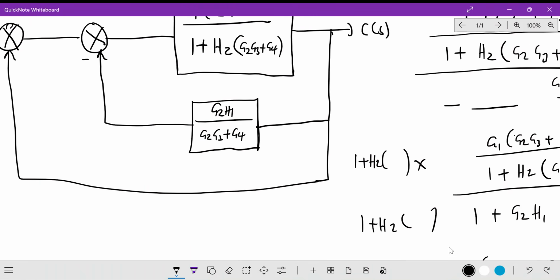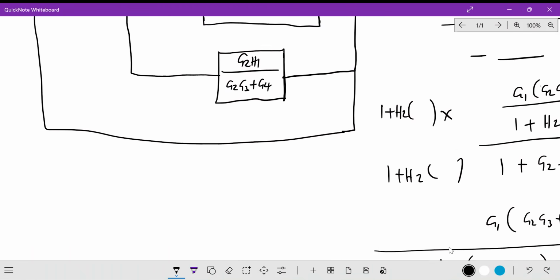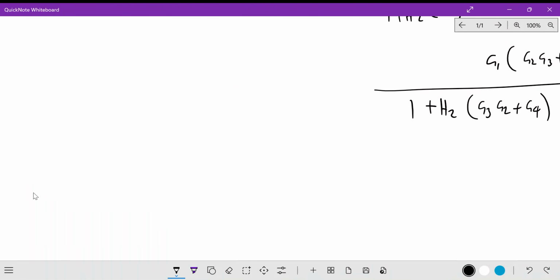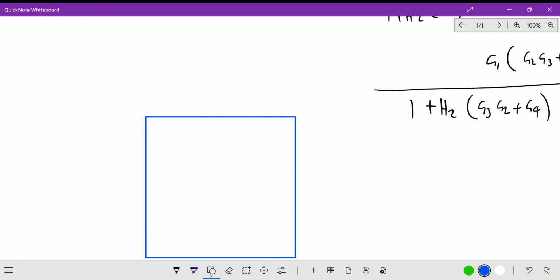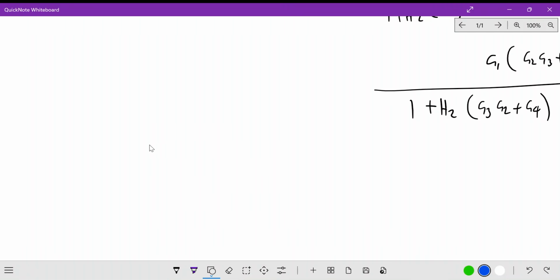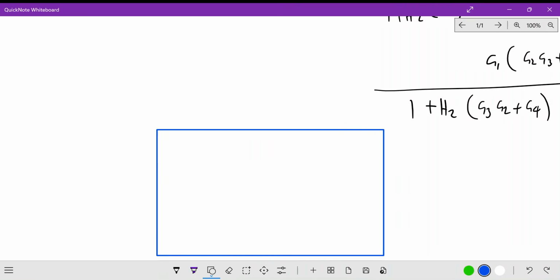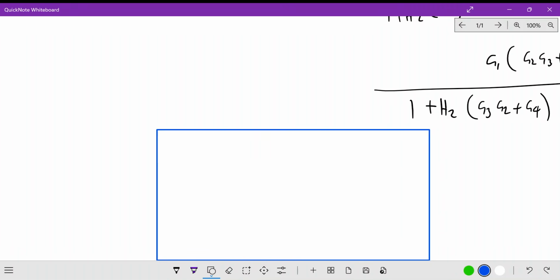So what you're going to have now is this big block. I'm going to write this big block, just a rectangle, I think. How many minutes am I remaining with? About 5 minutes. Okay, let's finish fast.